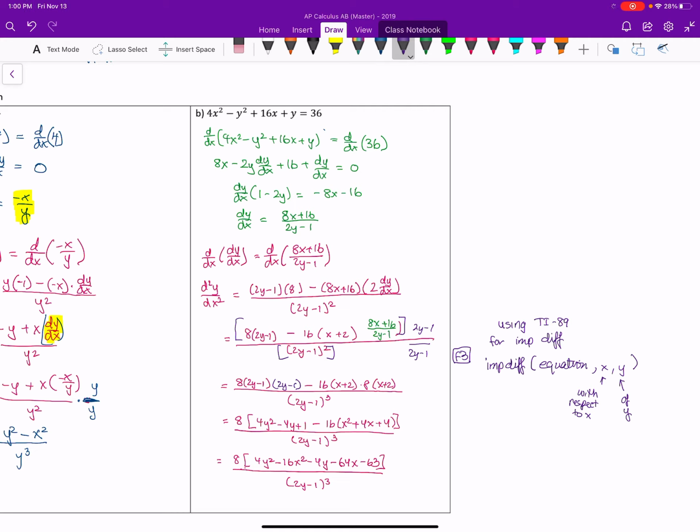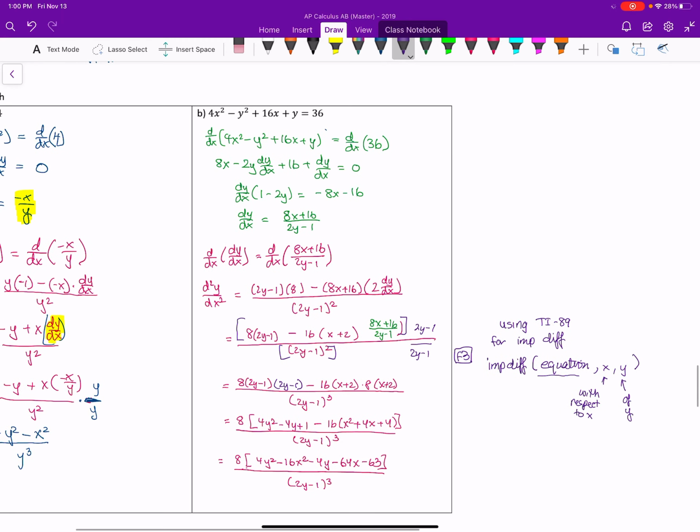It might be double F, I forget. Then right in the equation, you want to take the derivative with respect to x of y, and then hit enter, and hopefully it'll give you the answer. It might have factored out a negative. Sometimes it reorders the terms slightly differently, but this is how to use your calculator to at least check your answer.